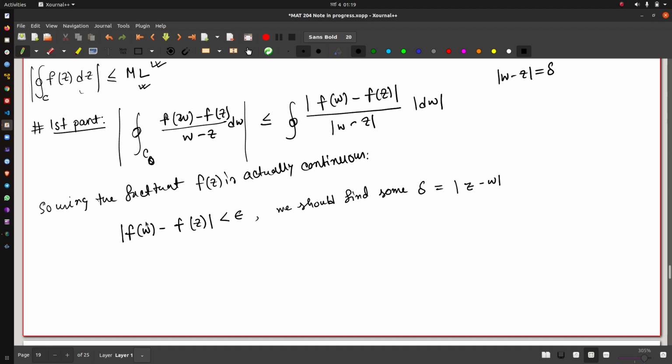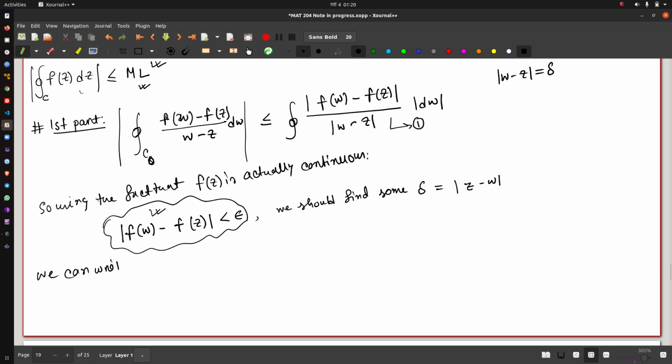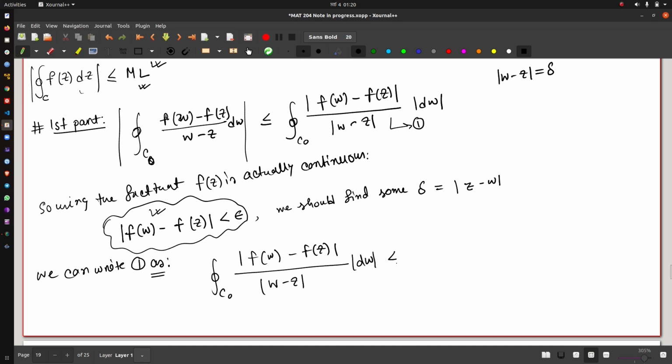Then using this condition over here, we can write, let's say this is 1, we can write 1 as less than or equal to epsilon.